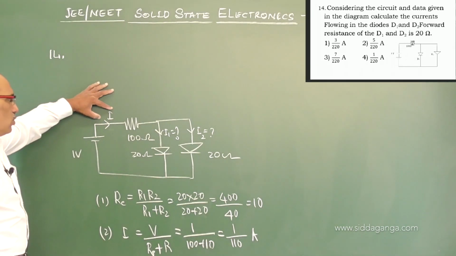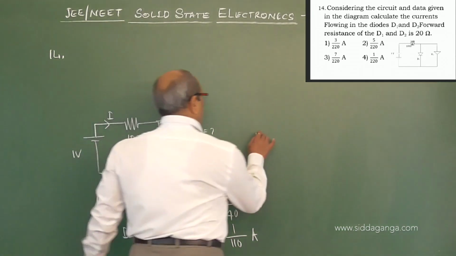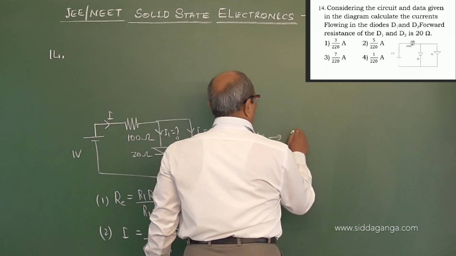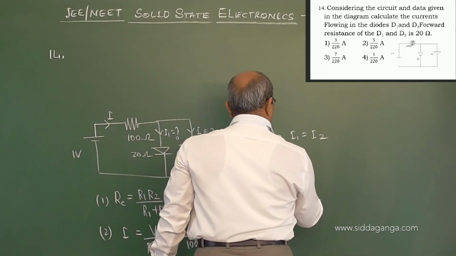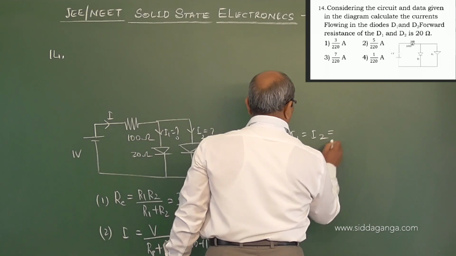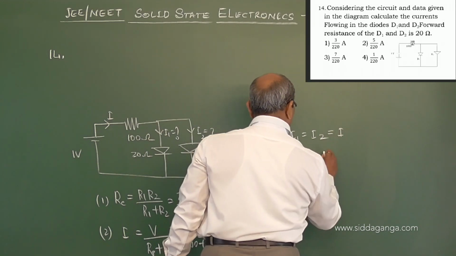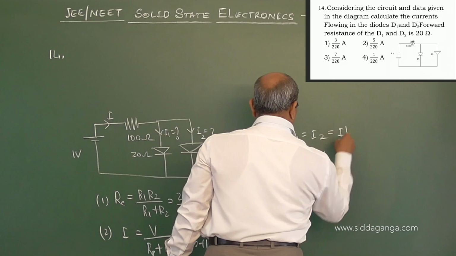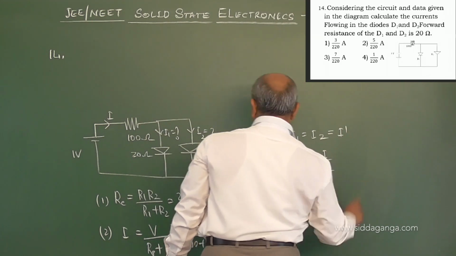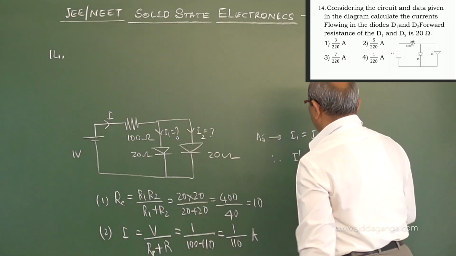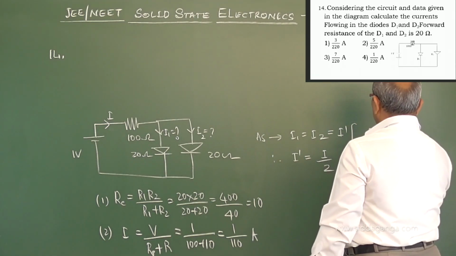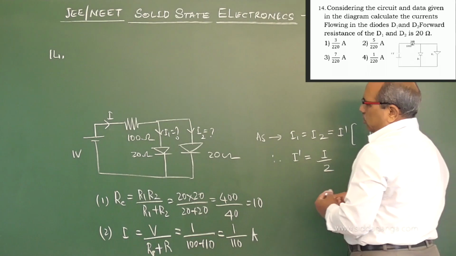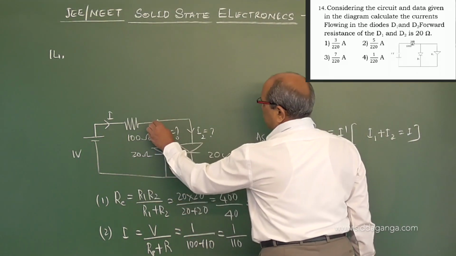1 by 110 ampere is the total current. As I1 is equal to I2, each branch current is I by 2, because the current divides equally. Otherwise, I1 plus I2 is nothing but I; the branch current rule applies here from Kirchhoff's law.